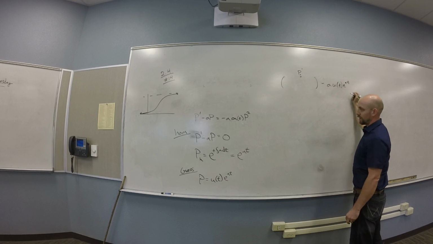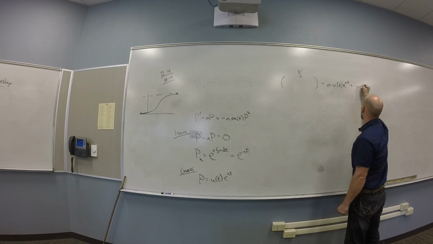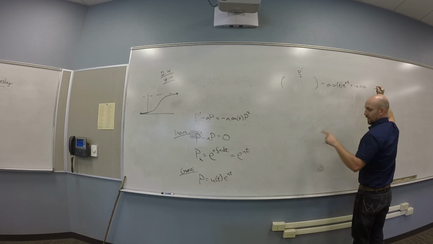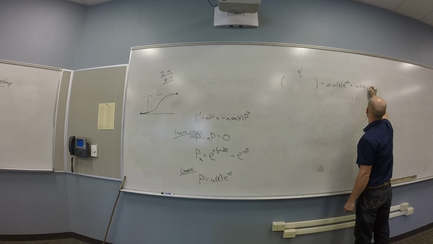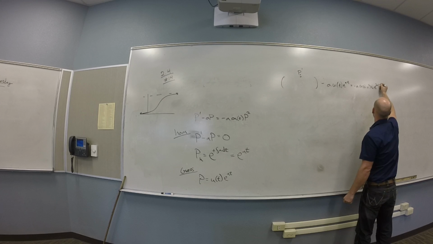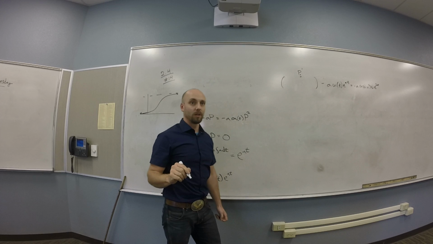And this is supposed to equal negative a minus a times alpha of t, times b squared, and then p is u of t, so I got u squared of t e to the 2at. You guys all on board with this?